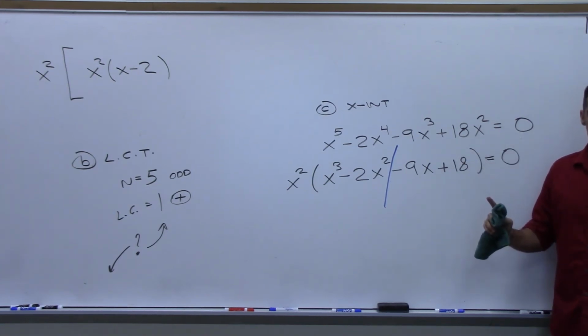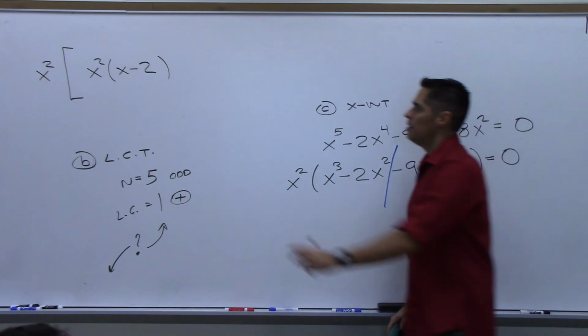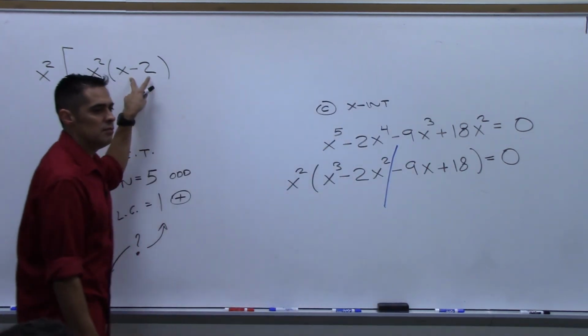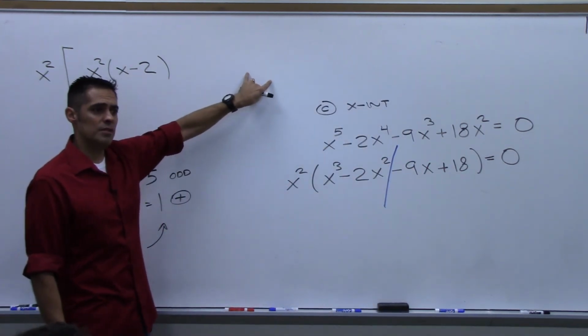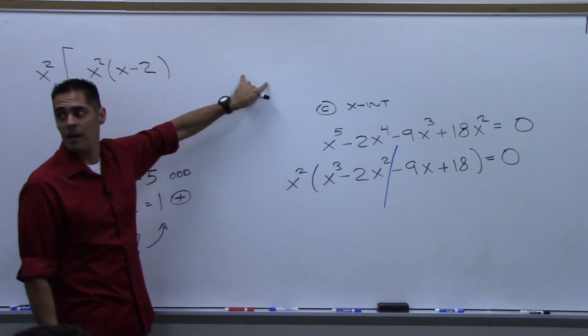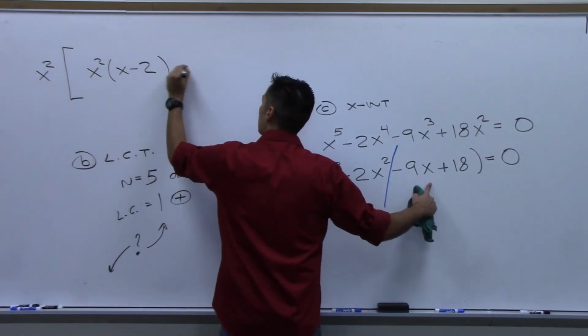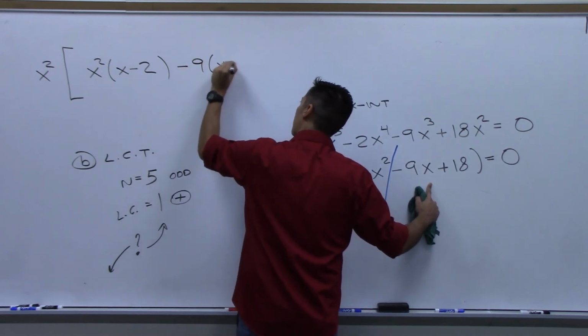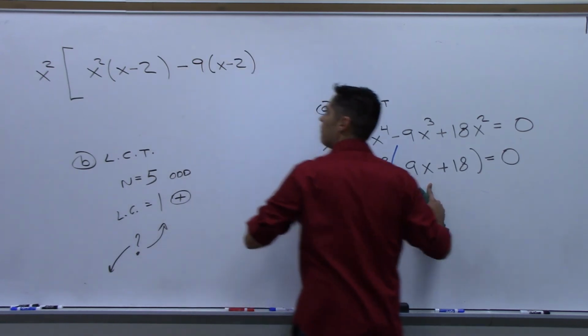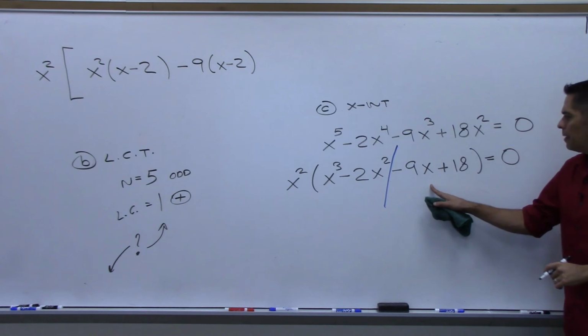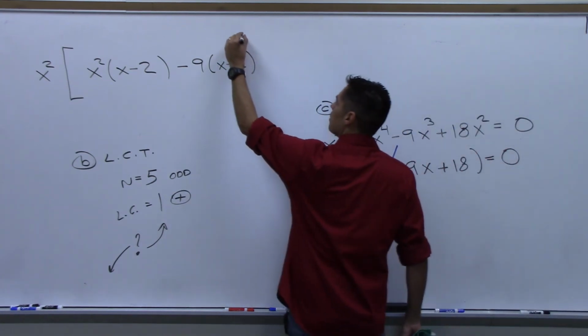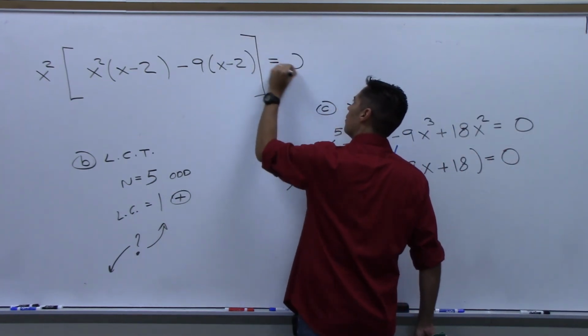What you have to have is this x minus 2 must match with what's over here. So you have to pull a negative 9 out. So if I pull a negative 9 out of these two, negative 9, then x minus 2. We agree with that? That's your grouping, and then that's it. I can close that off. I'm done with the bracket, and then equals 0.